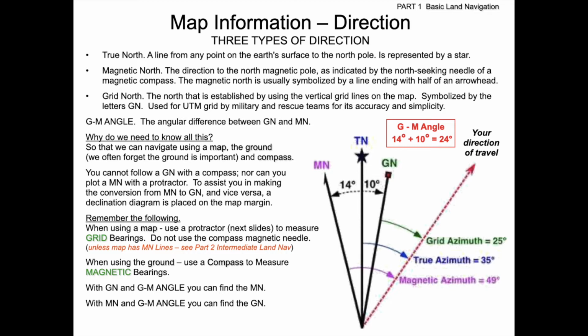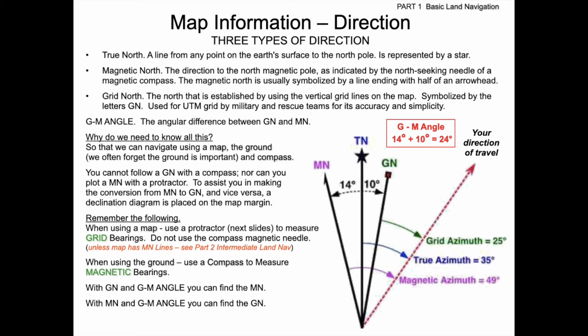But then when you stand up and hold your compass out in front of you so that you can walk that azimuth, well, you can't use those same numbers because of these differences, right? So you'll have to convert from grid north to magnetic north so that you can walk each of those azimuths using your compass. So you can put your map away and walk each of these azimuths if there are no course corrections.